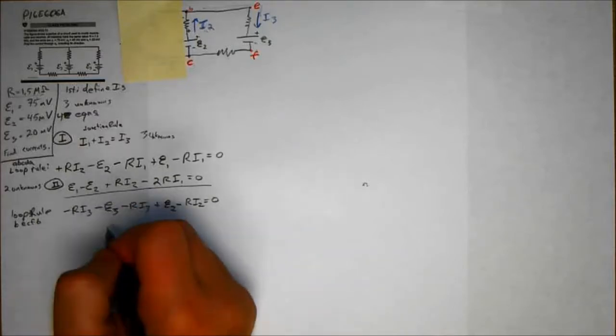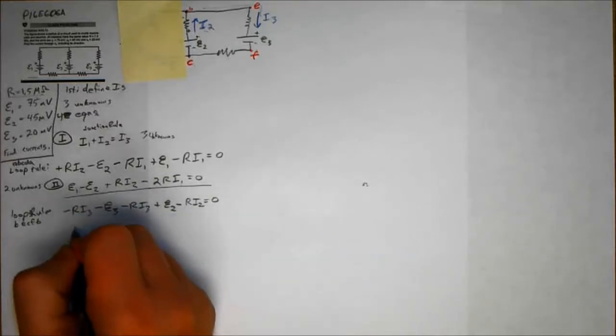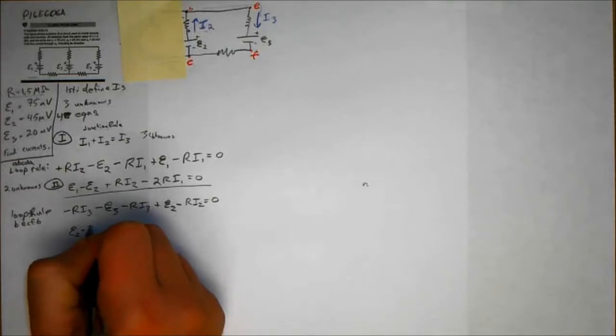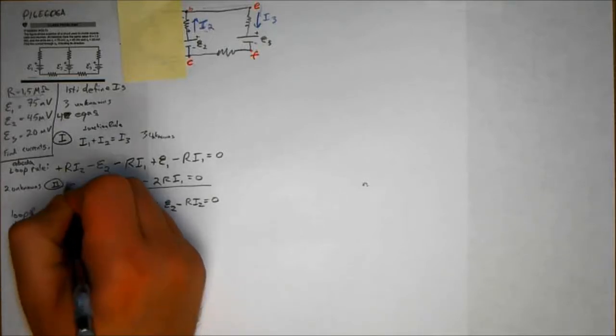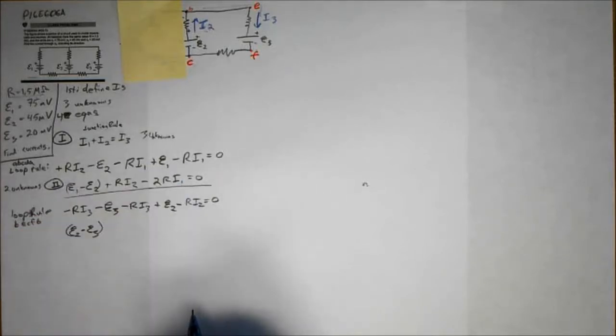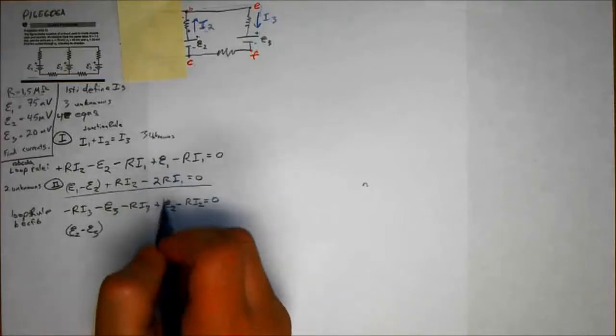So if I can group like terms for a moment, I have E2 minus E3. Sometimes I like to put these in parentheses because they're known values, so I just separate them a little more.